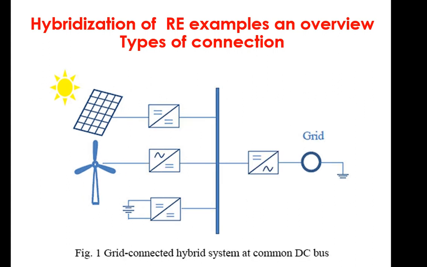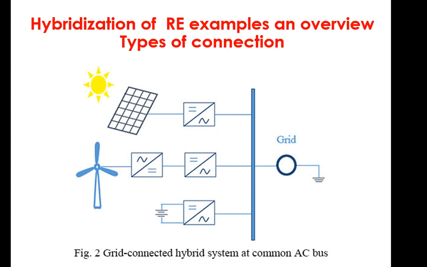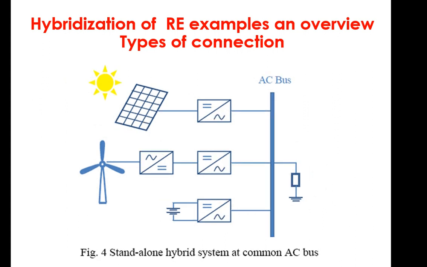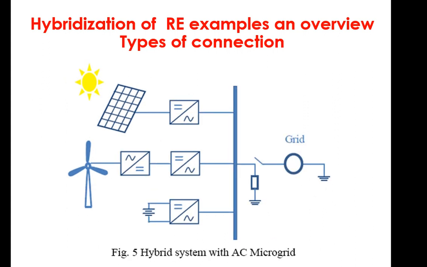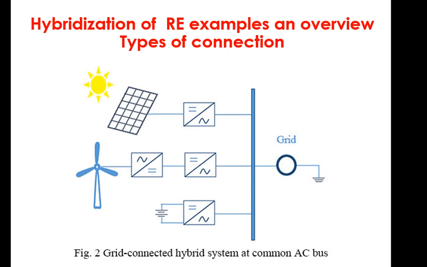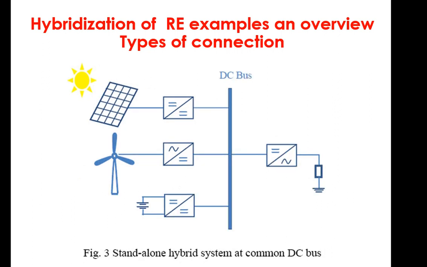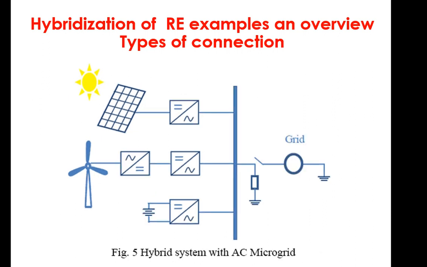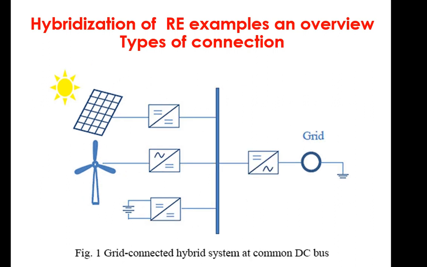As it is connected with the common DC bus, our inverter unit is tied with battery, photovoltaic and the wind turbine together. So it's a central inverter. Likewise for others we have different topologies. You will also be able to find various papers, that is research articles and projects, on running this system with its control aspects.